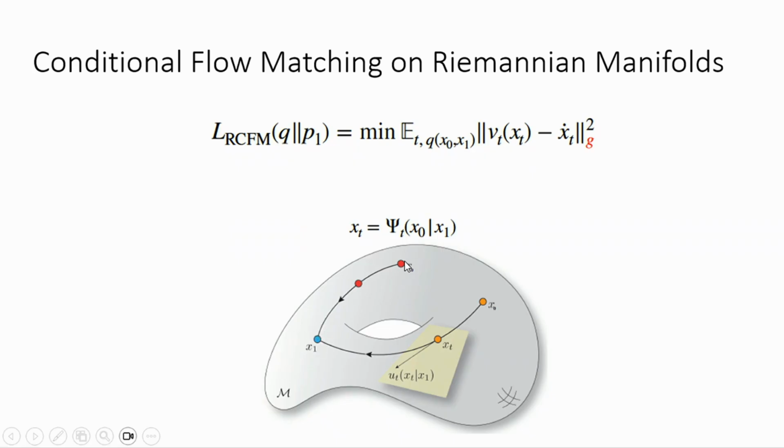And taking the analogy of the vector field in the OT path, which is the shortest distance in the Euclidean plane, here we introduce what we call the geodesic, which is the shortest line on the manifold connecting the two points. So we define the flow as the direction or trajectory that follows the geodesic defined over that manifold.